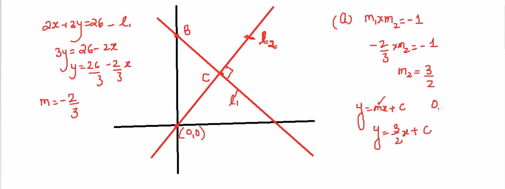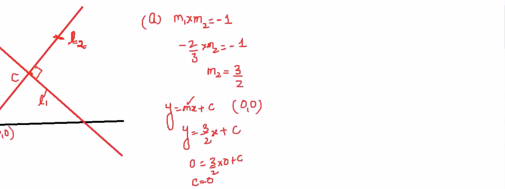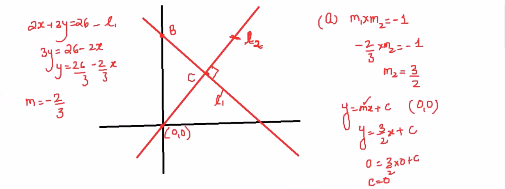Y is 0 since it's passing through origin, that is 0, 0. So y will be 0, x is 0. From here we can calculate c as 0. If I put c back there in this equation and m as 3 over 2, I'll get y is equal to 3 over 2x. This is the required equation of line L2.